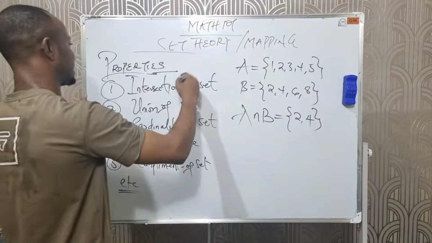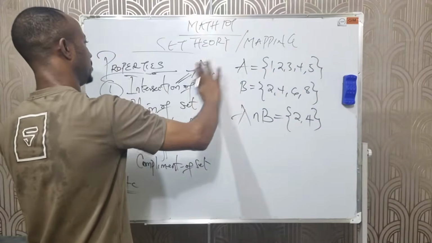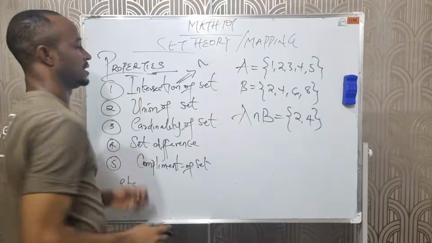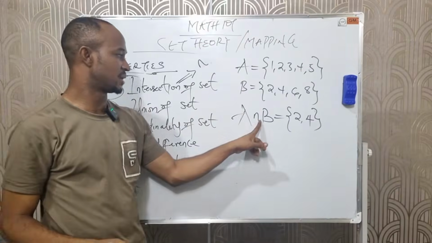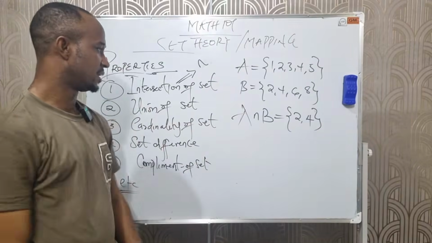The symbol for intersection is a small letter n. This is called intersection of sets.